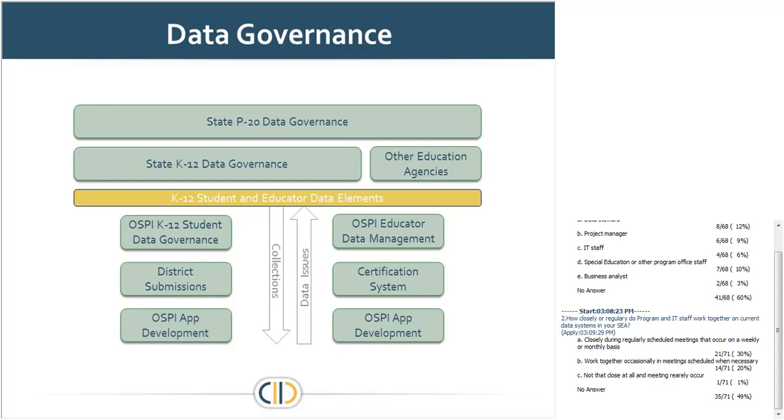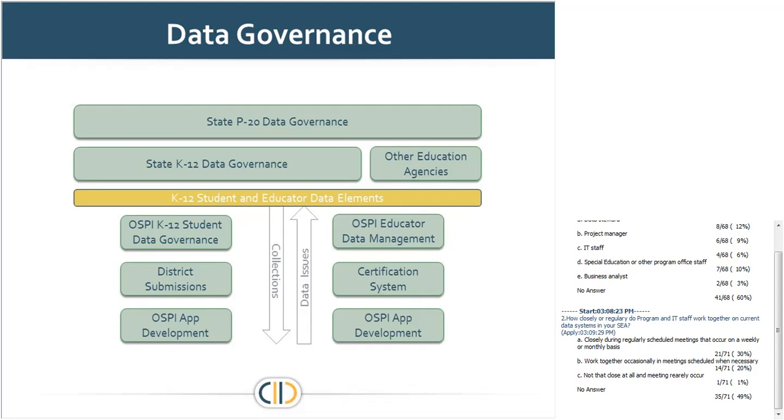And as we did the state K-12 data governance, they discovered that it really wasn't enough and that they needed to better understand and connect other agencies to this data, because they could see the student from preschool and they wanted to see how that would work all the way through to the work environment.